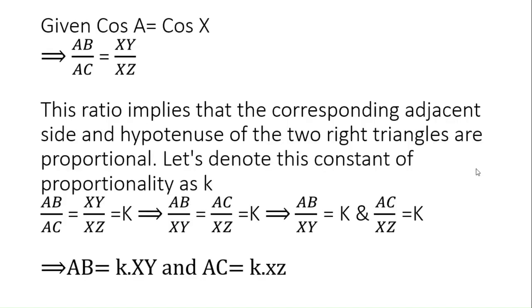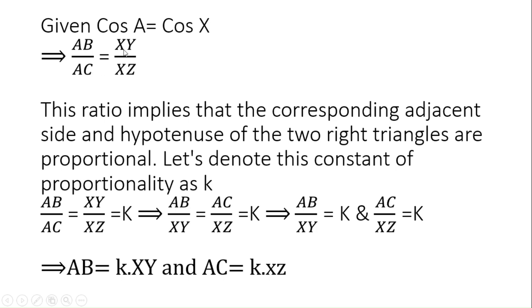Now, what is given? Cos A is equal to cos X, right? So AB by AC is equal to XY by XZ. This ratio implies that the corresponding adjacent side and hypotenuse of the two right angle triangles are proportional. In triangle ABC, AB is the adjacent side to A and AC is the hypotenuse.